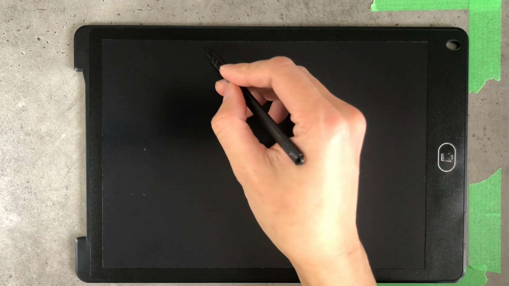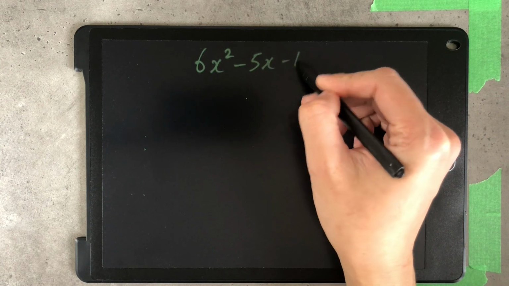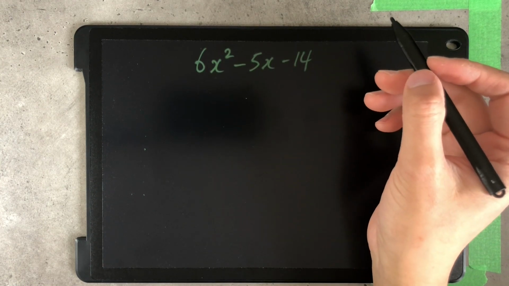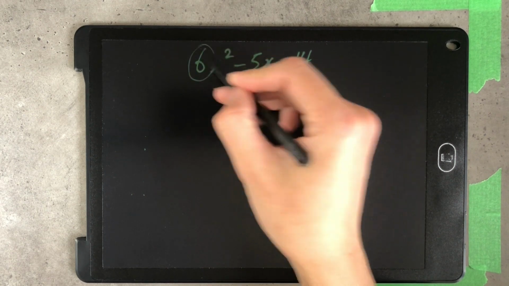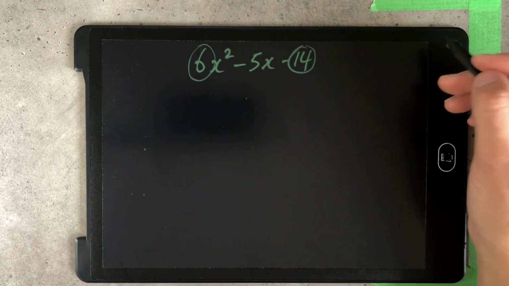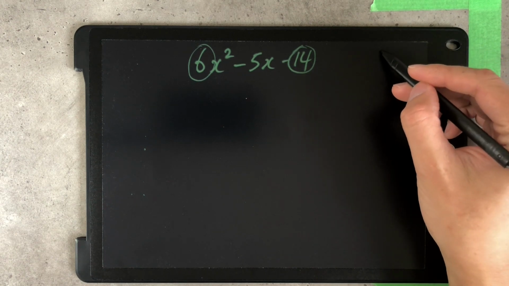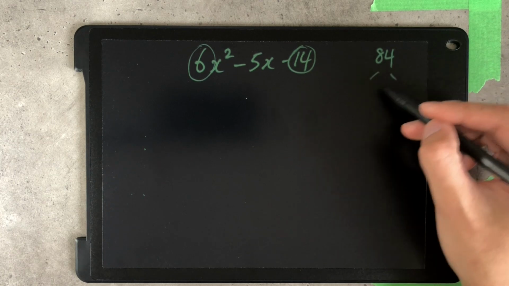Many teachers and textbooks provide this method to solving 6x squared minus 5x minus 14, because there's not much guessing going on. The way we do this is we take the coefficient of x squared and we take the constant, then we multiply them to get 84. Now we have to find all pairs of factors.